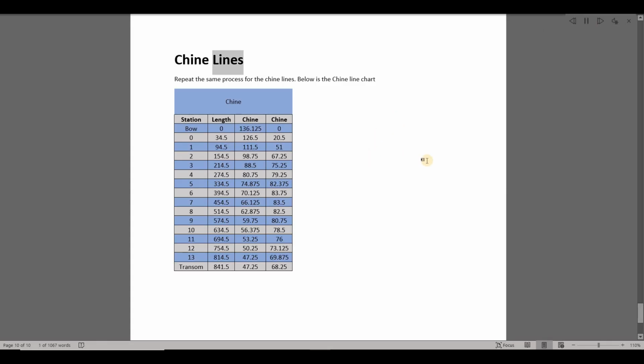Chine lines. Repeat the same process for the chine lines. Below is the chine line chart.